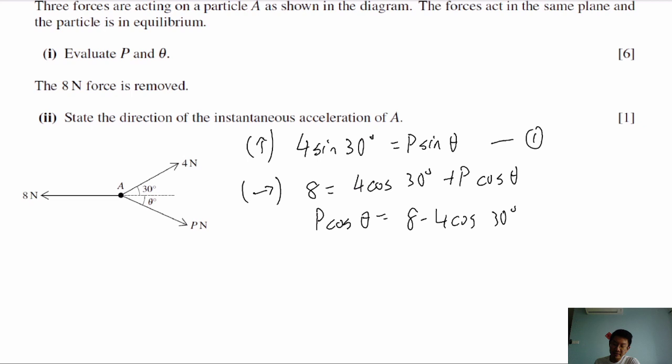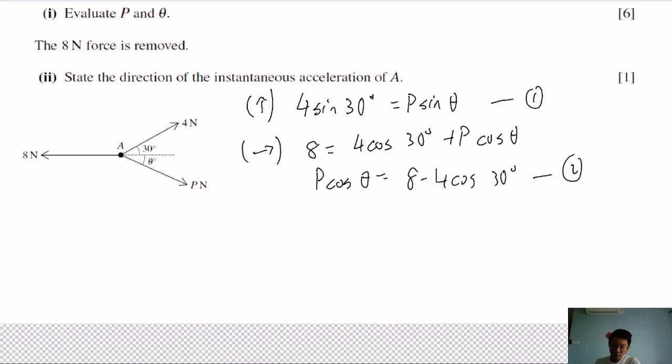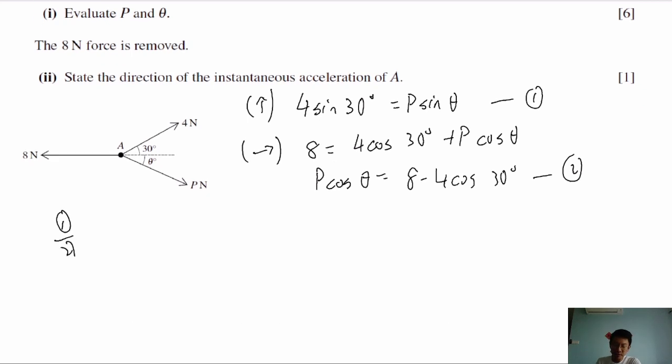We have the first equation from the vertical, and now we have another equation. To get theta, we divide the first equation by the second equation. The left hand side gives tangent theta because the P will cancel off, and now we just write in the numbers.